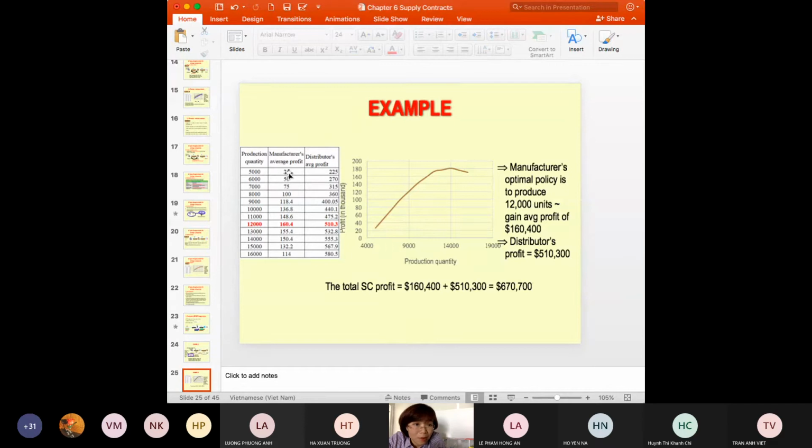But the manufacturer's profits increase until 116, and after that they reduce. So you can look at the figure here.